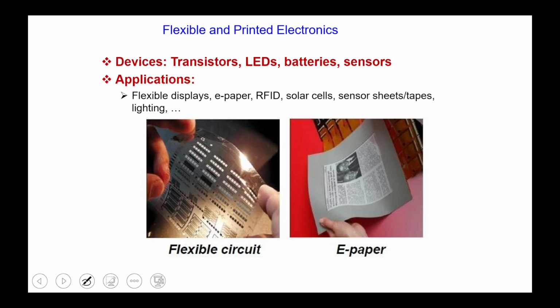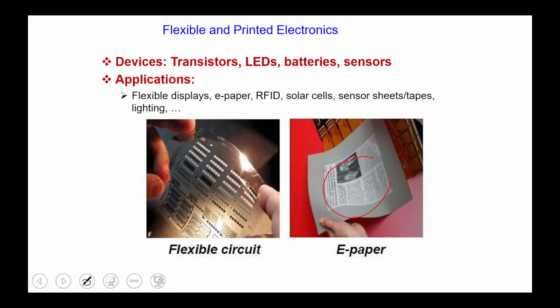So these are flexible circuits, and these are e-papers. People are working on e-paper also: flexible display, e-paper, RFID, solar cell, sensor, seat, lighting, all are now moving to flexible devices from conventional silicon. So people are working more on flexible devices. That research work is going on with flexible things.